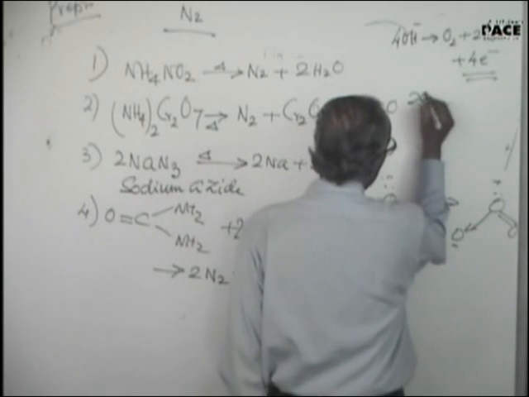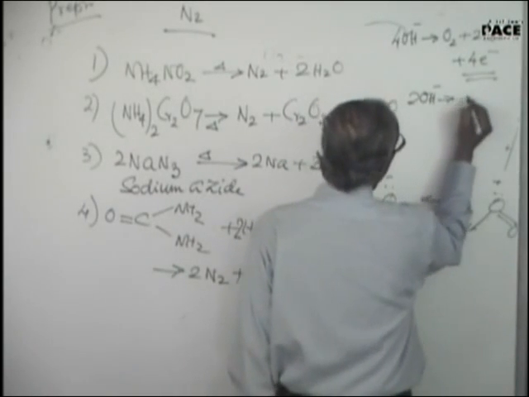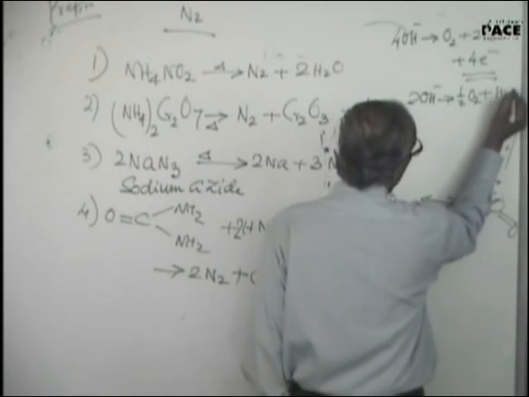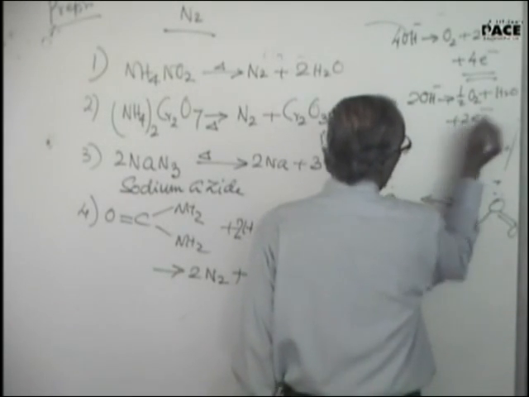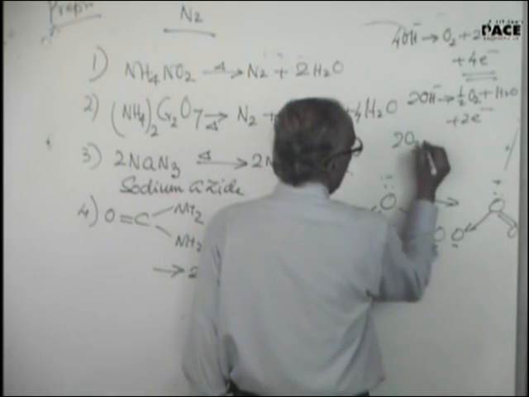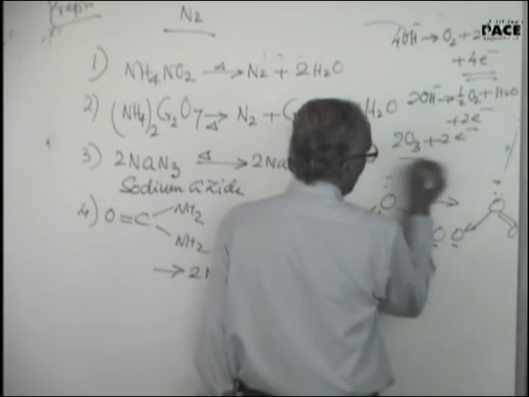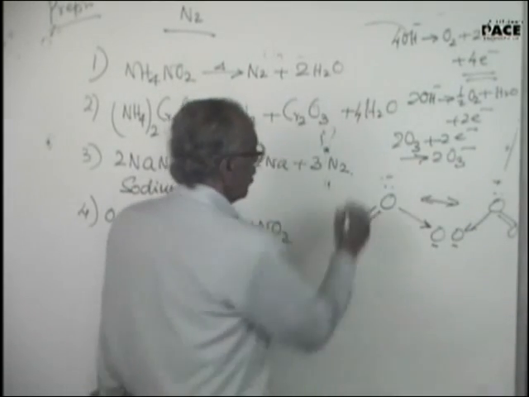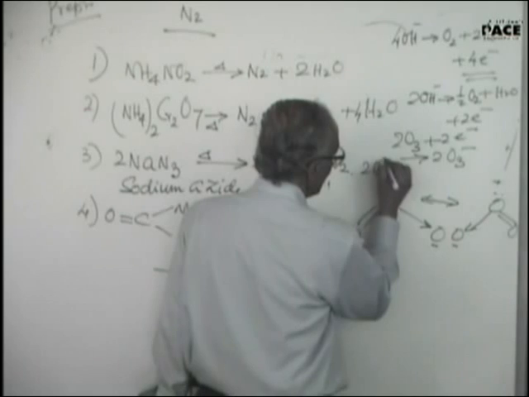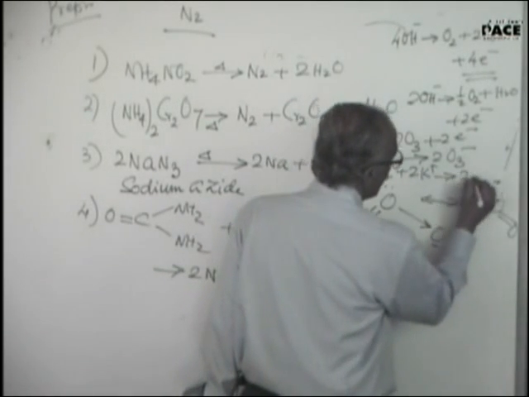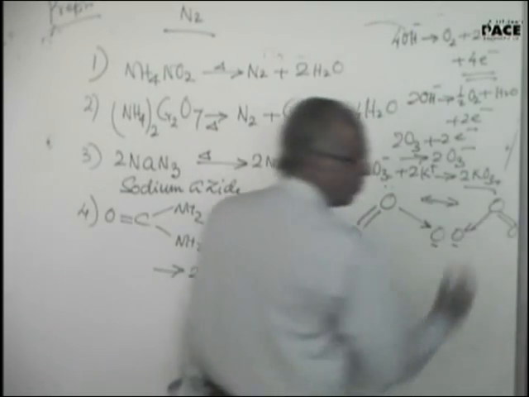So 2 hydroxide will give me half a mole of oxygen, 1 mole of water plus 2 moles of electrons. And 2 ozone plus 2 electrons will give me 2 ozonide. 2 ozonide plus 2 potassium ion give me 2 potassium ozonide.